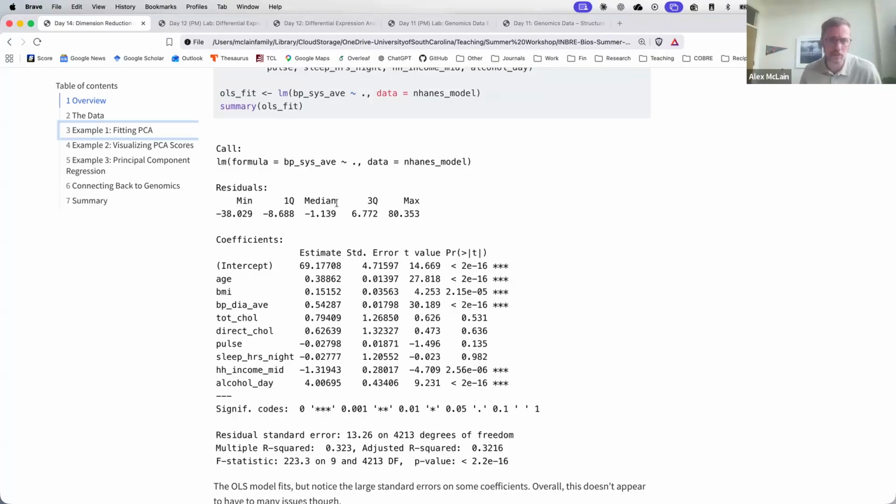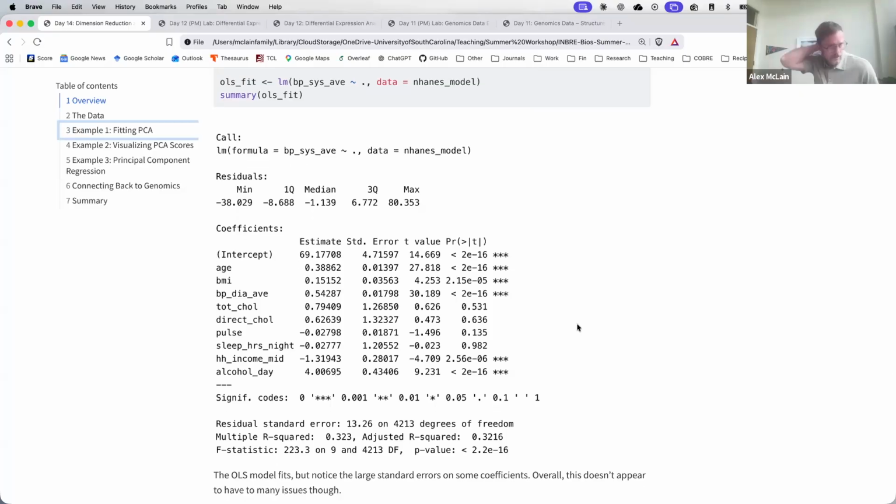Again, our outcome here is systolic blood pressure. So diastolic blood pressure, positive sign; age, BMI, total cholesterol, direct cholesterol, all positive signs. Pulse, sleep, income, all negative signs; alcohol, positive. All those are how we would expect them to be. So overall, it doesn't appear that this is going to have too many issues.